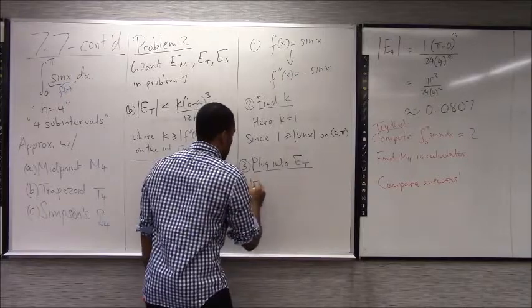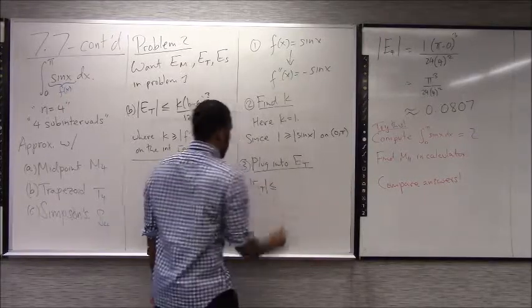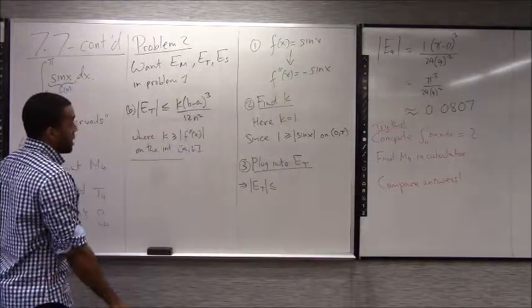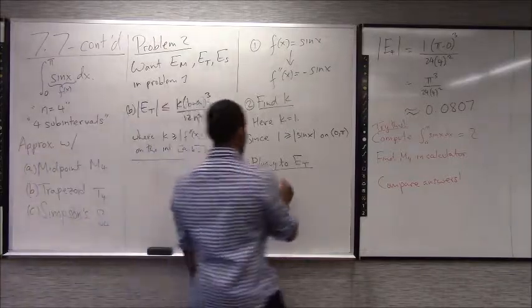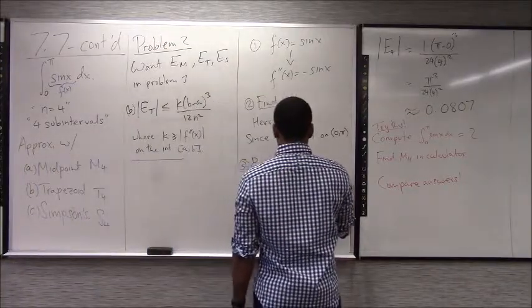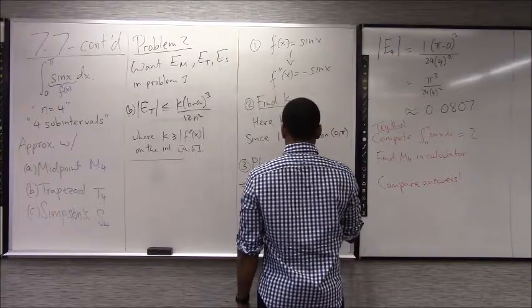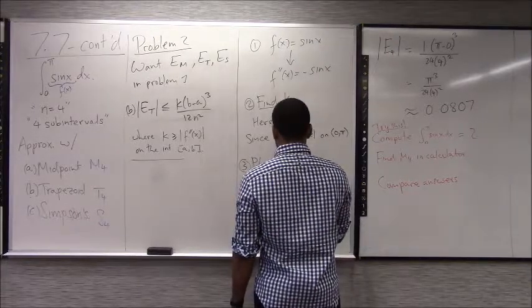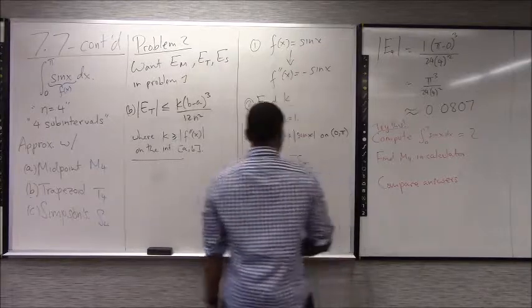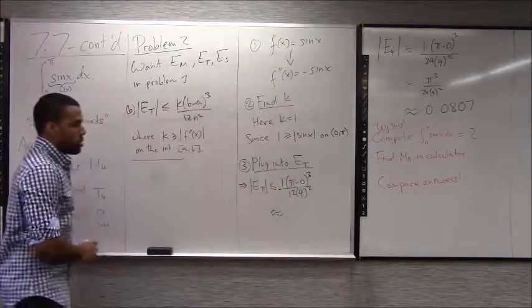This will mean that the error associated with your trapezoid rule will be less than or equal to 1 times (pi minus 0) cubed over 12 times 4 squared. What's that roughly? Pi cubed over 12 times 4 squared?